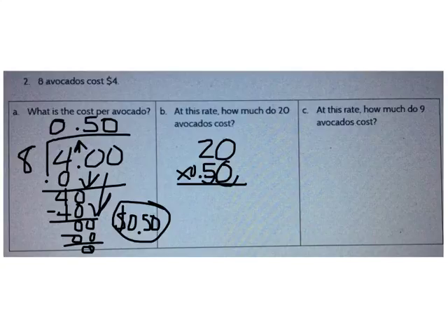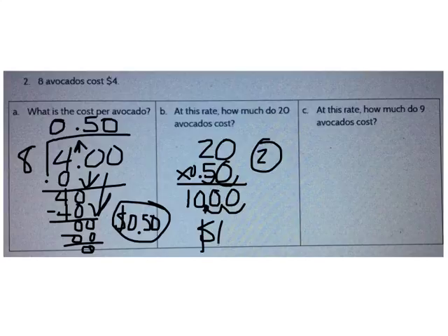I can count how many places are behind the decimal and then multiply like normal. What's 50 times 20? 50 times 20 is 1,000. I need 2 numbers to be behind the decimal, 1, 2. So the answer is $10. 20 avocados would cost $10.